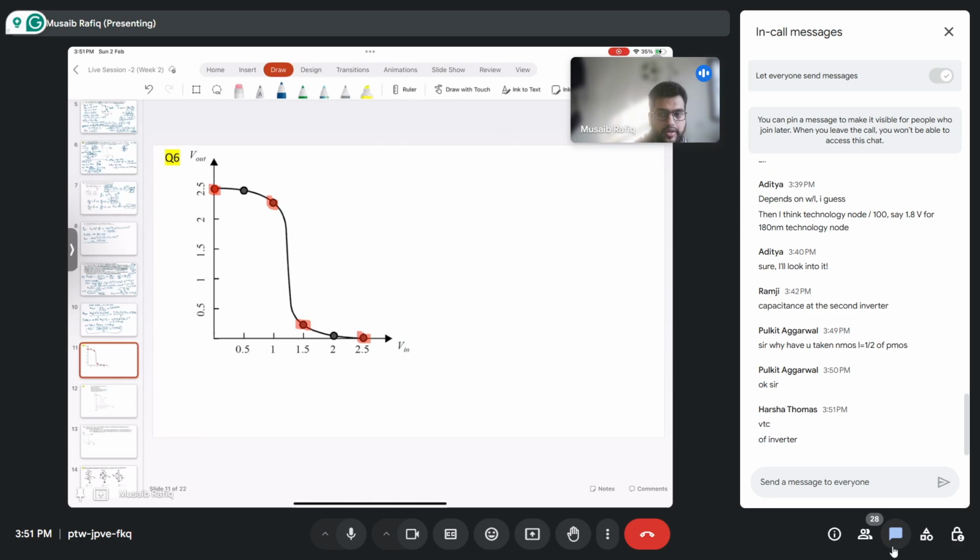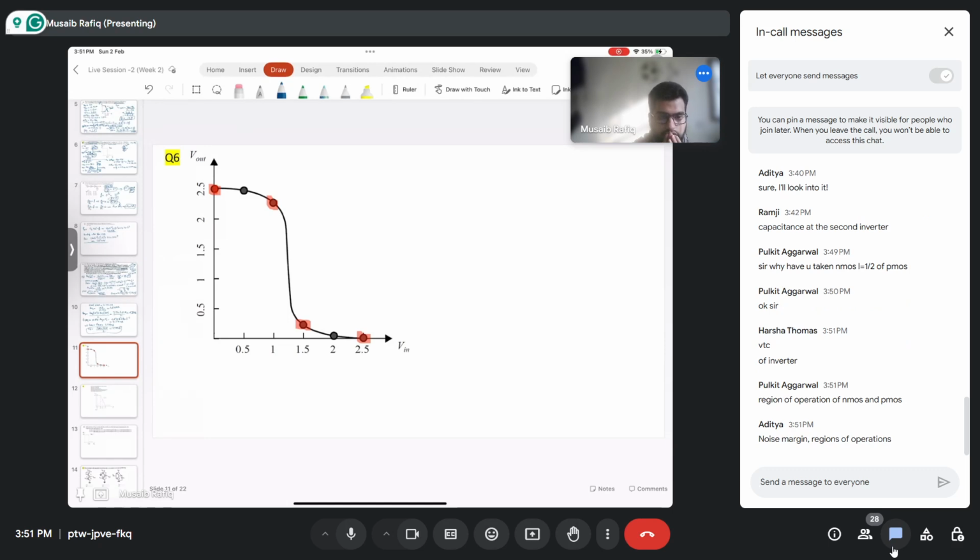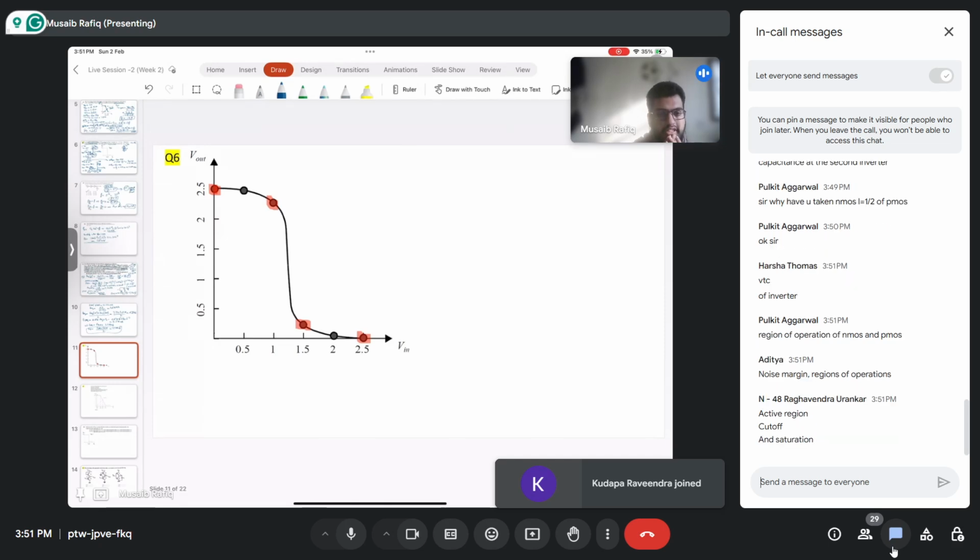What information does it tell you? Noise margin, region of operations, right? Gain also, cutoff and saturation. Gain also, right?